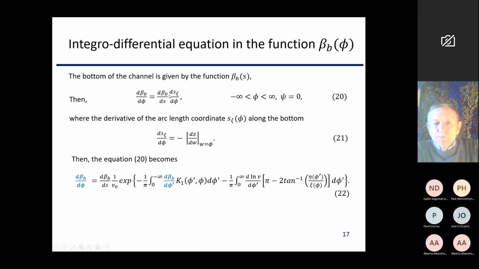So s, the arc length coordinate, is obtained based on the derivative of the mapping function and using the previous expression. Finally, we can write the following integral equation with respect to this function d beta d phi. It is a very friendly equation in terms of calculation because convergence is very fast and it does not take a lot of computational time.